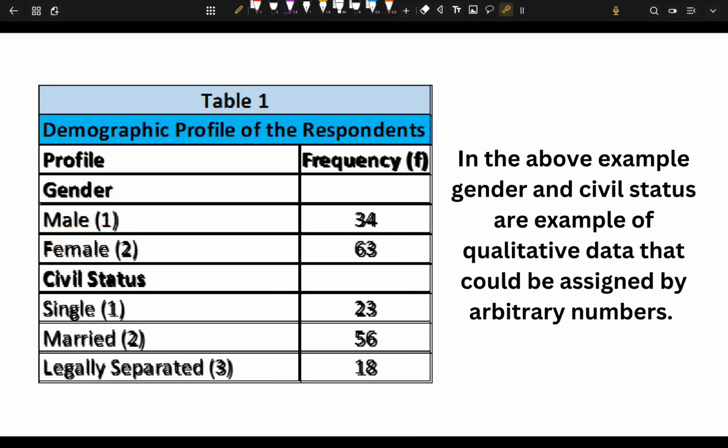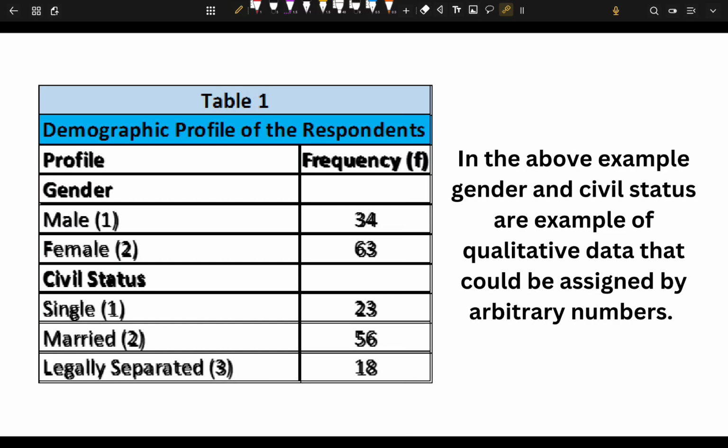Female, we have 63 respondents. Pagdating sa civil status, we have the single, married, legally separated. So, we have 23, 56, and 18. So, this type of data are nominal data. Kasi nga, qualitative. And we're able to count yung ating mga respondents.